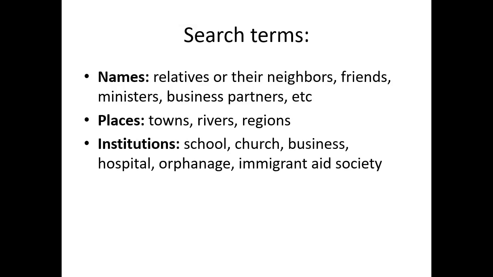I also look for records of institutions with which the family was connected, because those institutions may have kept records that mention my family, or at least give me a good idea of what their community life was like. Finally, you can mix and match any combination of these terms. If you're finding that you're searching a place for which there's a lot of search results for one, add some of these others to see if limiting them will help.